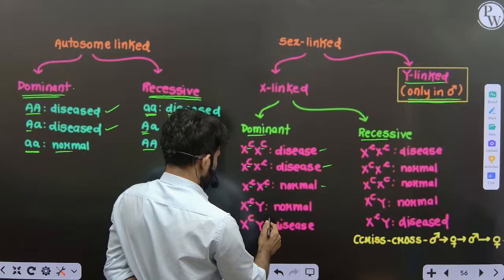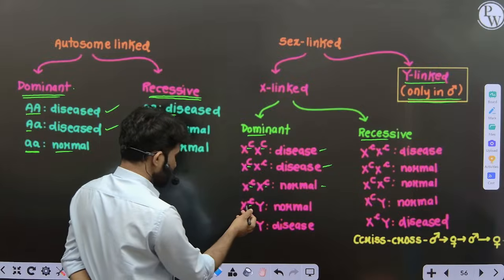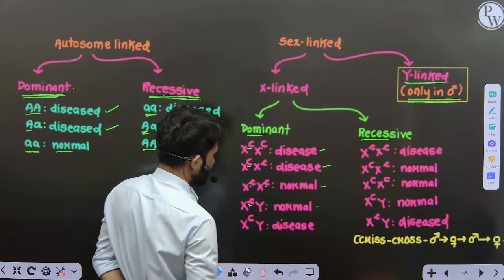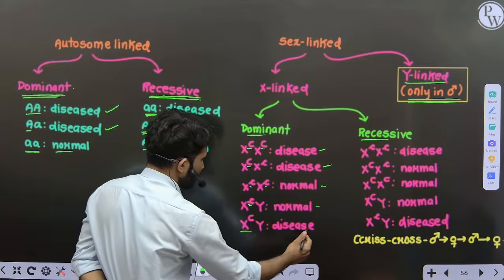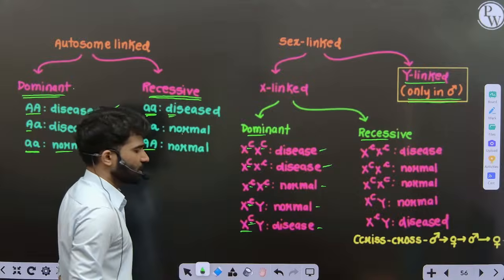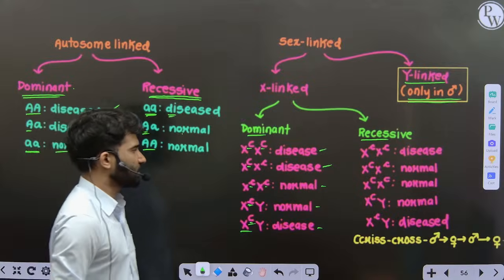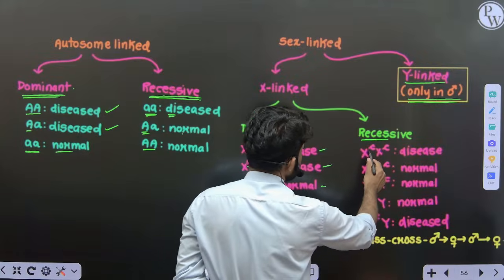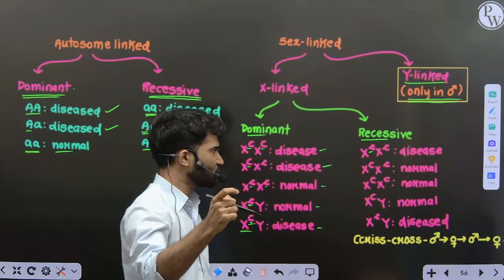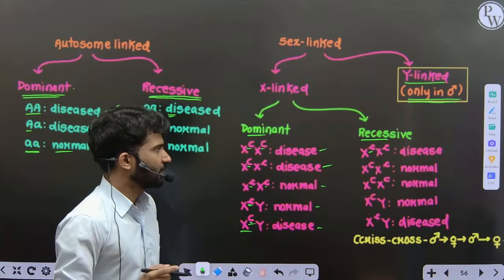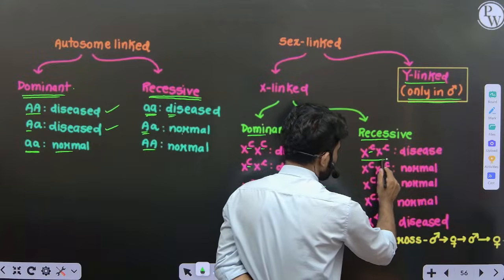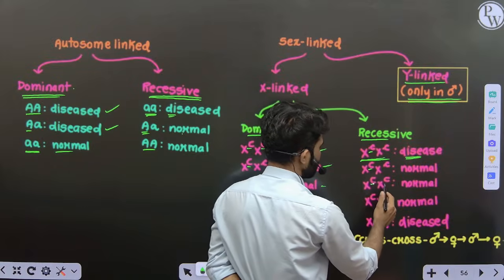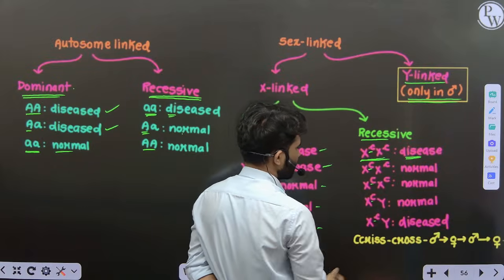In the case of a male with an X chromosome carrying small c, that is also normal. For recessive, at least one recessive gene present is a carrier. If both are recessive, then only it is disease. If at least one dominant gene is present, they are normal.